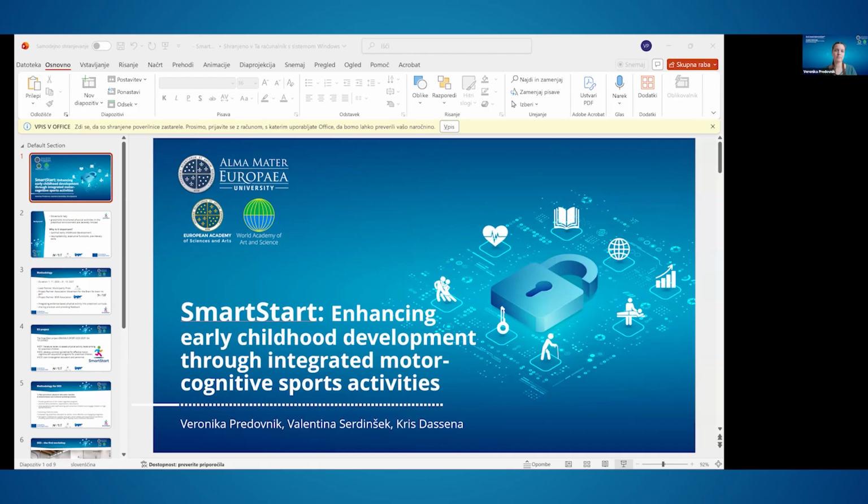You still don't see the full screen? I see it in full screen, so I don't know what's wrong. You did not click on the screen option. You clicked on the PowerPoint option, I assume.